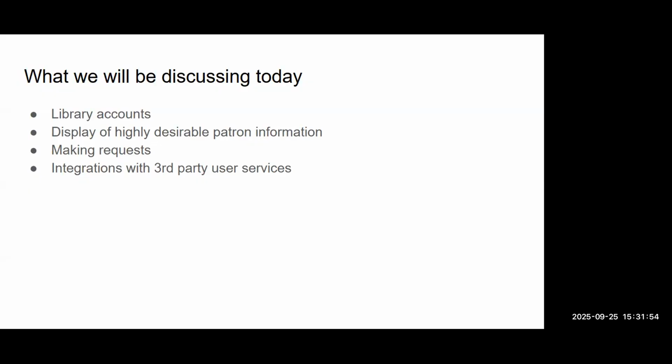How do you make requests and design that request process in a way that is easy and intuitive for your users? We're also going to talk about some fun integrations with third-party user services. And because each of these libraries is unique and has a unique discovery environment, each of their solutions is going to be a little bit different and hopefully applicable to your own discovery environment at your own organization.